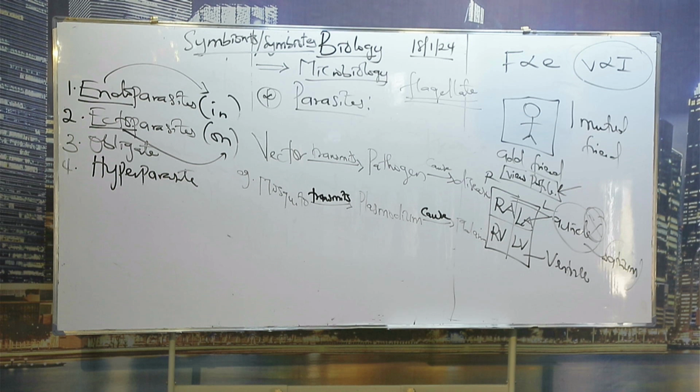Black fly is actually the vector that transmits what causes river blindness. Let me add it here too. So we have the first example, mosquito. Second example, we have black fly transmits what we call Onchocerca volvulus that causes river blindness.